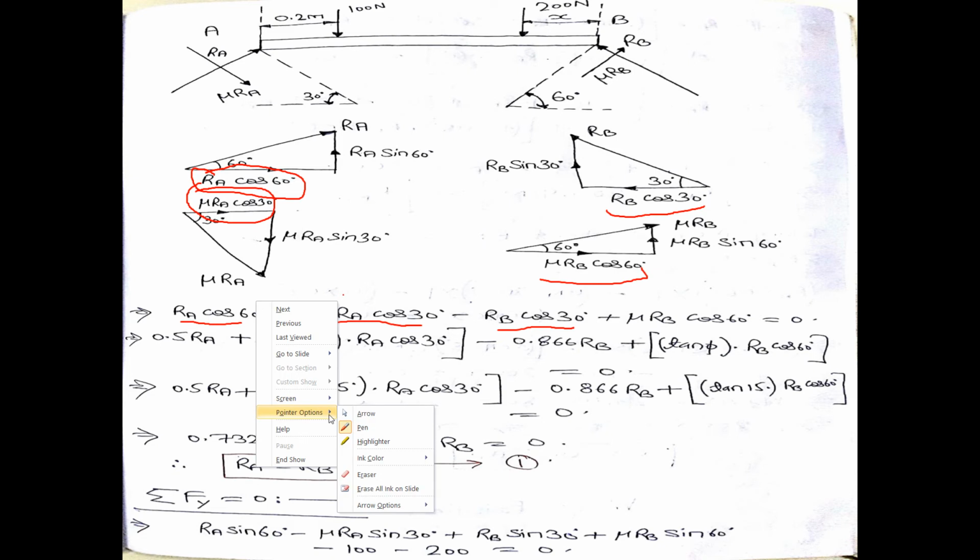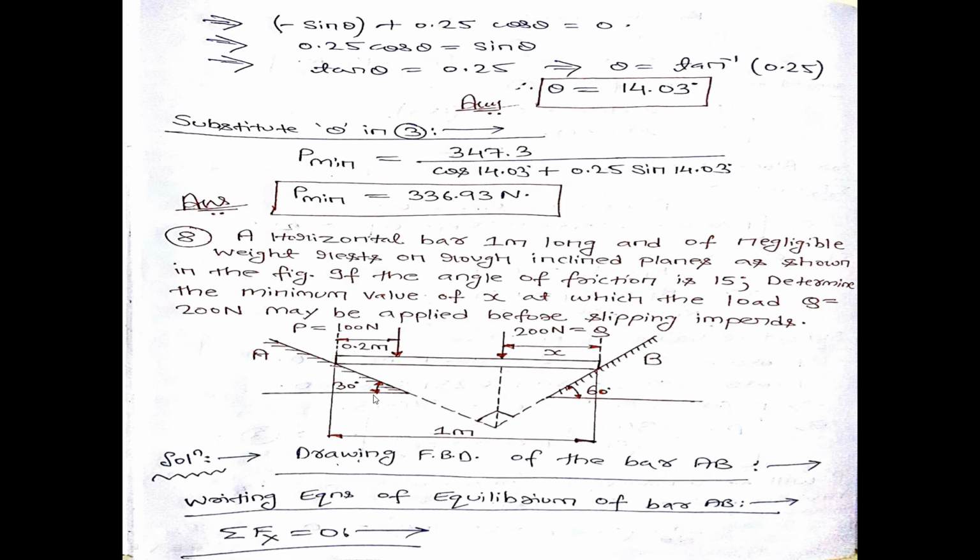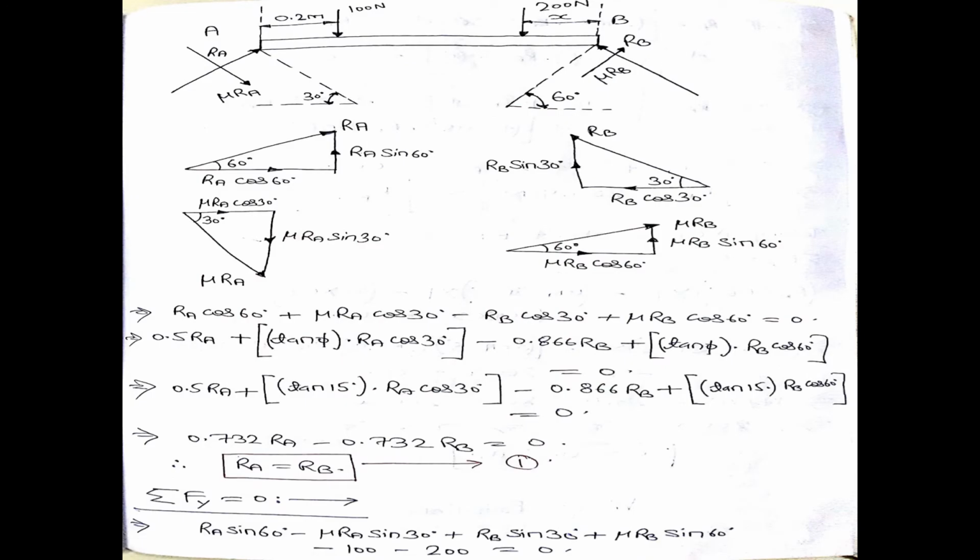So I can write that cos 60 is 0.5, times RA, plus, since in the given problem mu is not given to you, but you know that mu is nothing but tan phi, so in place of mu replace it by tan phi. Tan phi into RA cos 30, minus RB into cos 30, which is 0.866, plus again mu replaced by tan phi, so tan phi into RB cos 60.